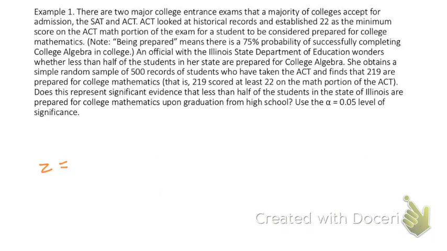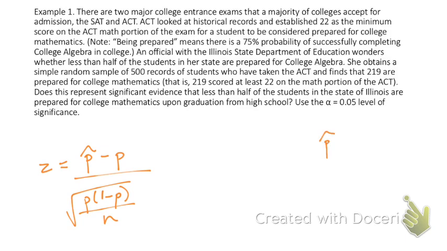So we've got z equals p hat minus p over the square root of p times 1 minus p over n. Let's talk about all the things that we need. We need p hat, which in the problem is my sample. So how many of them are prepared for college? 219 out of 500, or 43.8 percent. So 0.44.